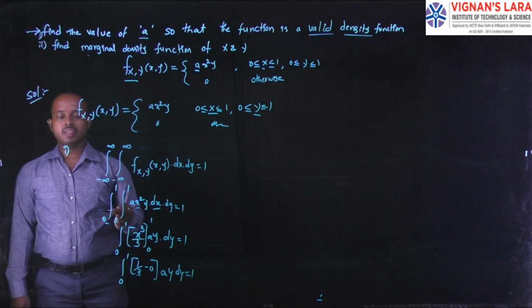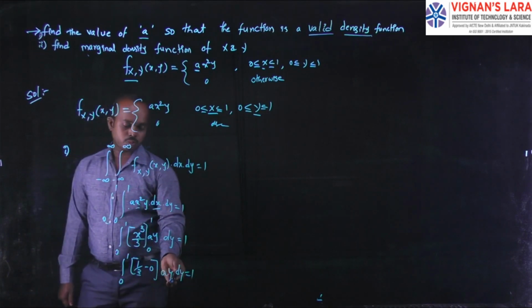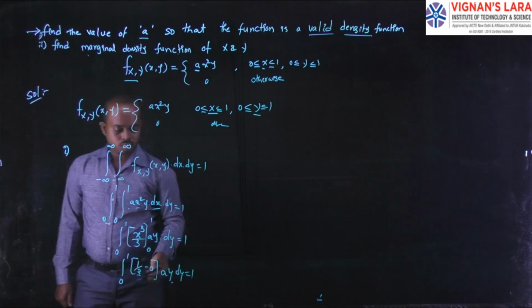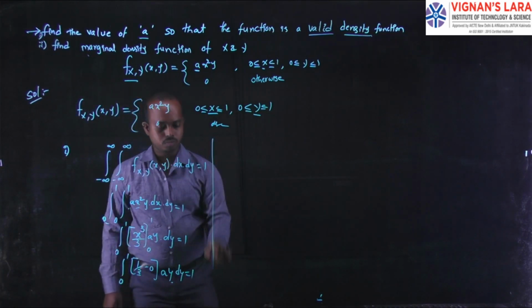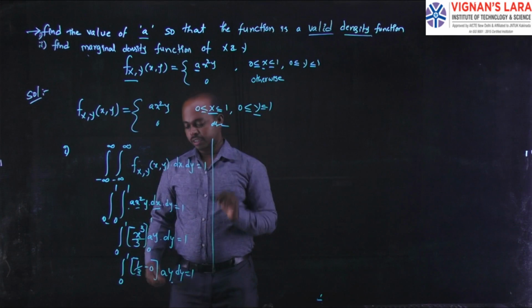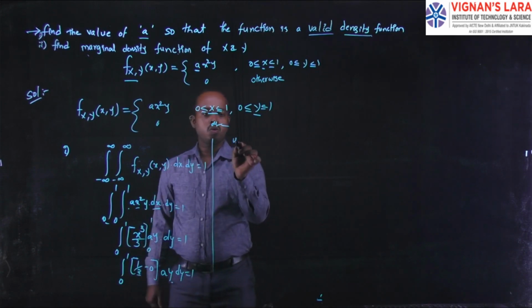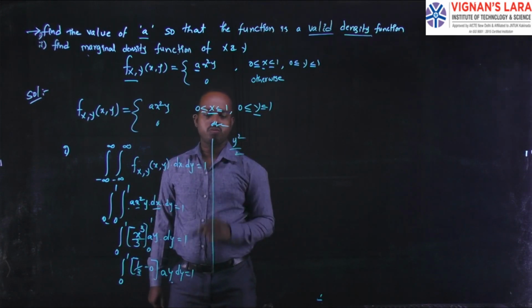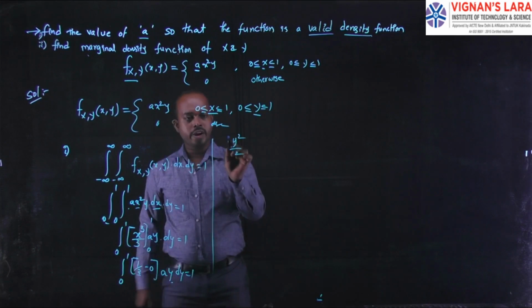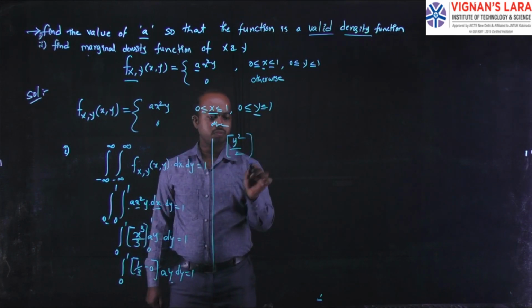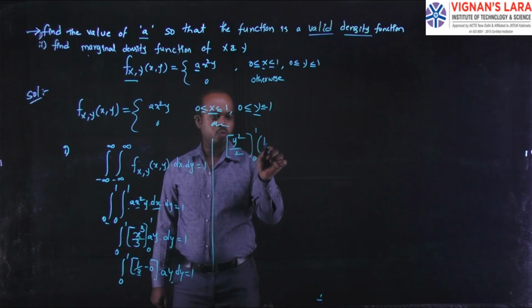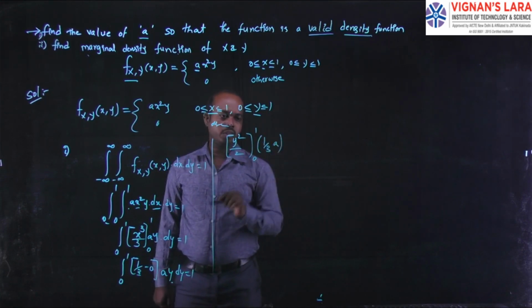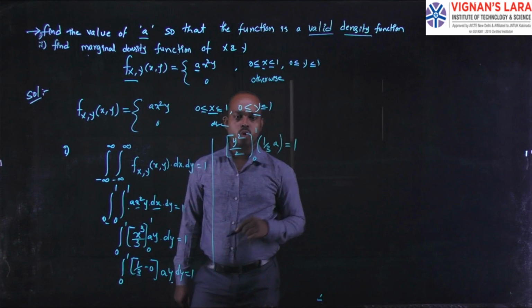Now we apply the integration with respect to y for the y variable. The integration of y is y square by 2, with limits 0 to 1, into 1 by 3rd a is equal to 1.